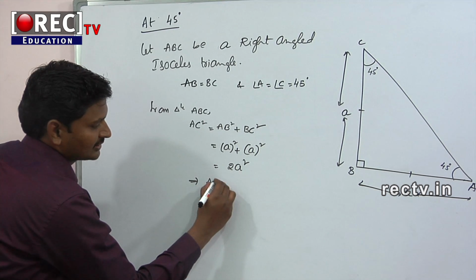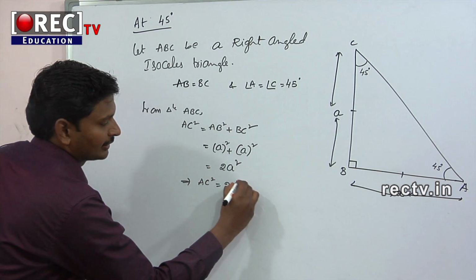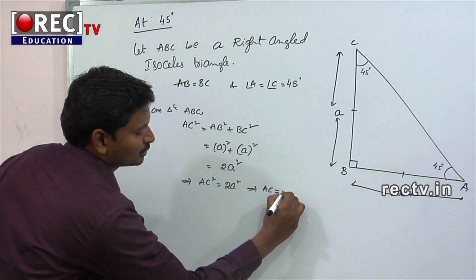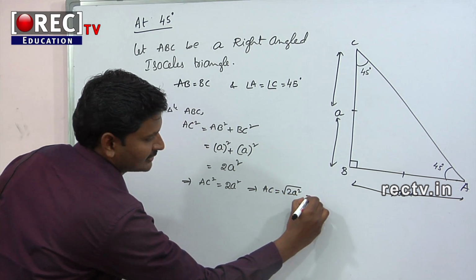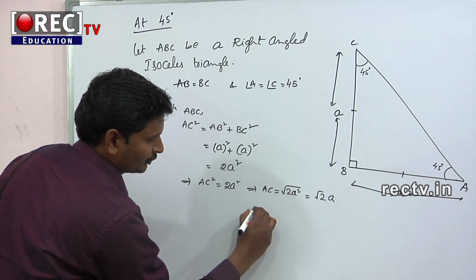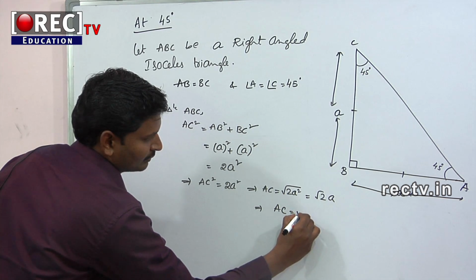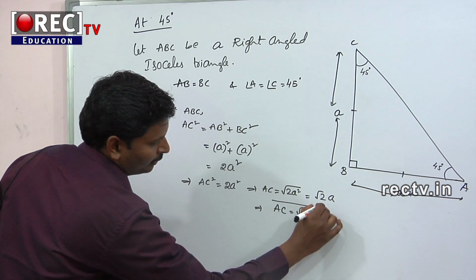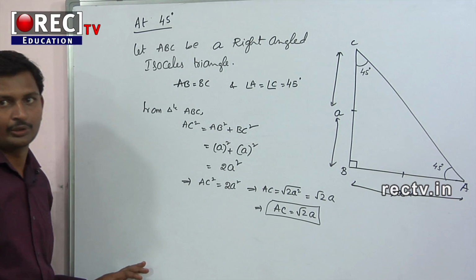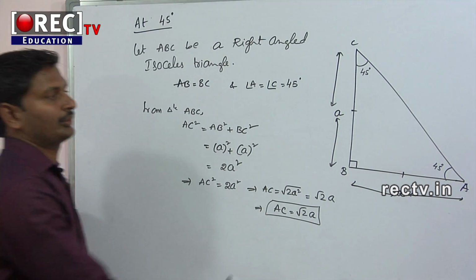Implies AC square is equal to 2a square, implies AC is equal to square root of 2a square, that is equal to root 2 into a. So therefore AC is equal to root 2a. Now we got the value of the hypotenuse, that is root 2a.